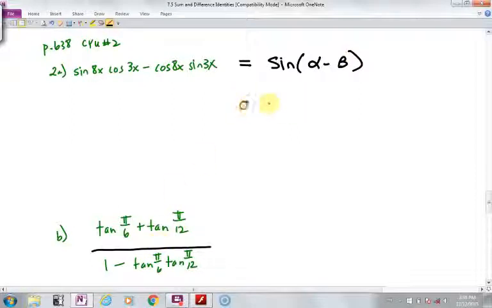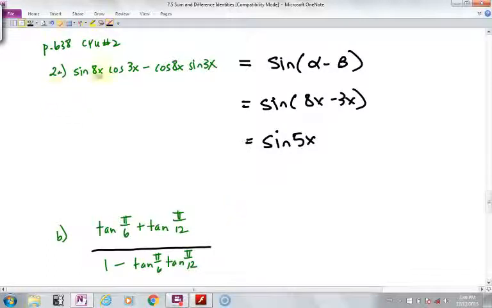So what that means for me is it's going to be sine 8x minus 3x. And 8x minus 3x is 5x. So it's sine 5x. So this simplifies to be this. Okay? Are we okay? Okay, questions about that one?